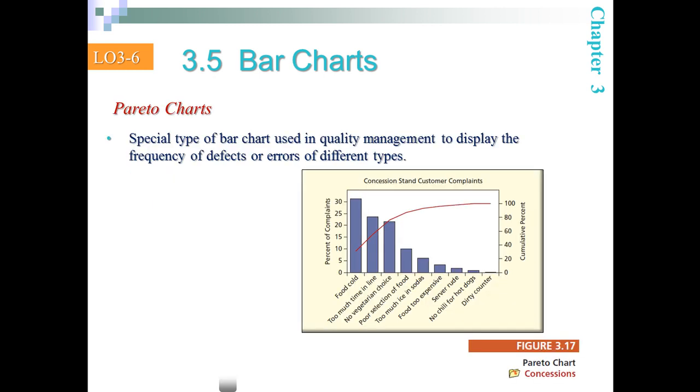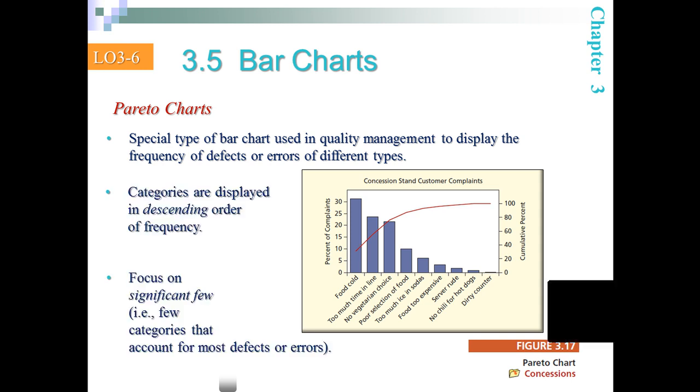But if we do a bar chart with the most frequent value first and then decrease that, so here we've got food cold, and this is concession stand customer complaints, so the food's cold, that's over 30%, and then it drops down to too much time in line, and no vegetarian choice, and so forth. This is what we call a Pareto chart when these are put into order, and oftentimes we're given a cumulative percentage that goes along with that.